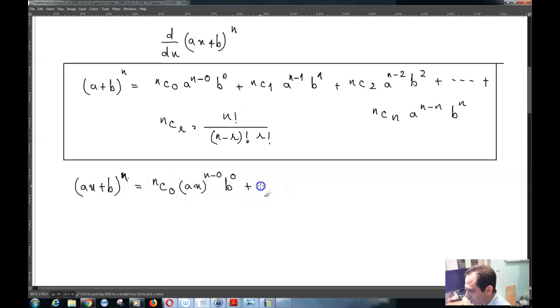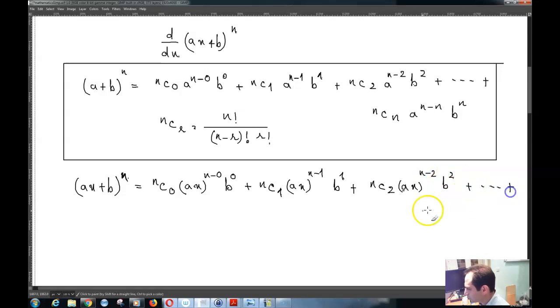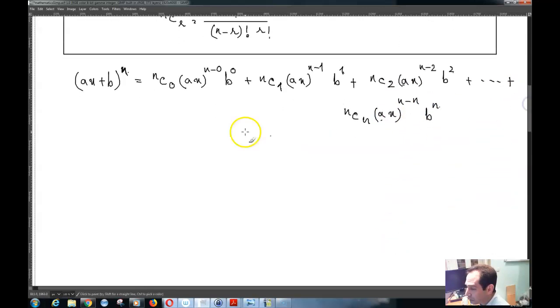And then after that you will have n combination 1, the first term ax raised to the power n minus 1 times b raised to the power 1, plus n combination 2, the first term ax raised to the power n minus 2, b raised to the power 2, all the way up to n combination n, ax, which is the first term, raised to the power n minus n, b raised to the power n, which I can write as basically n combination 0.